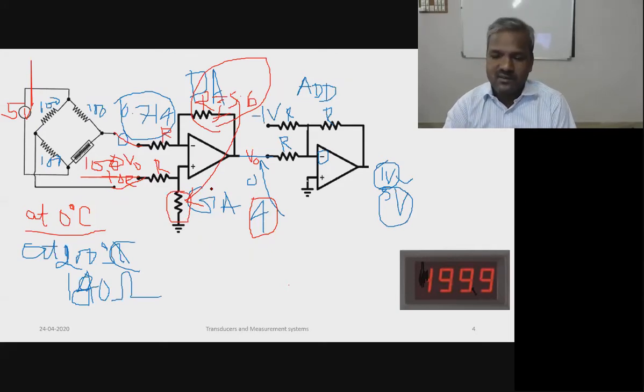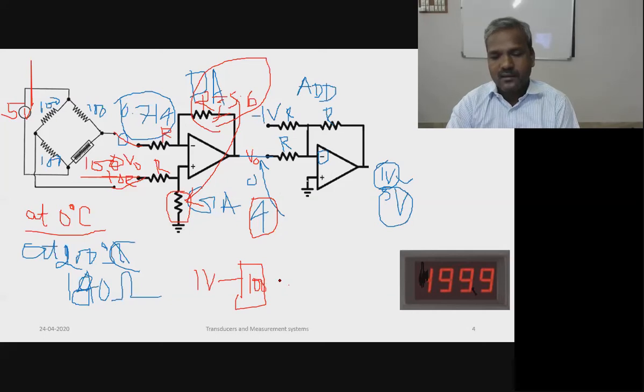One more piece of information I will tell you. See, an amplifier is here. Say an operational amplifier. Input is 1 volt. Gain is 100. Anybody tell in the chat window what will be the output?